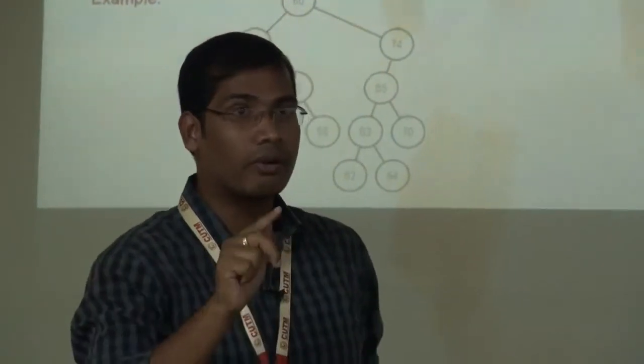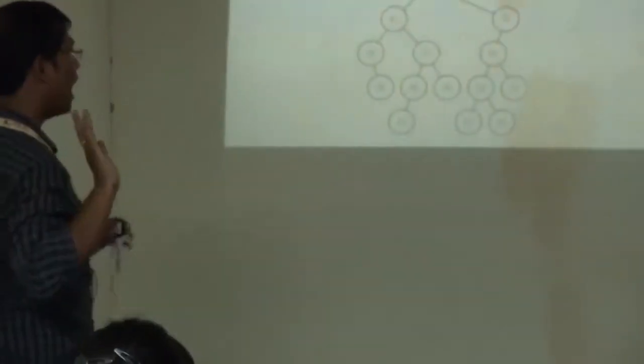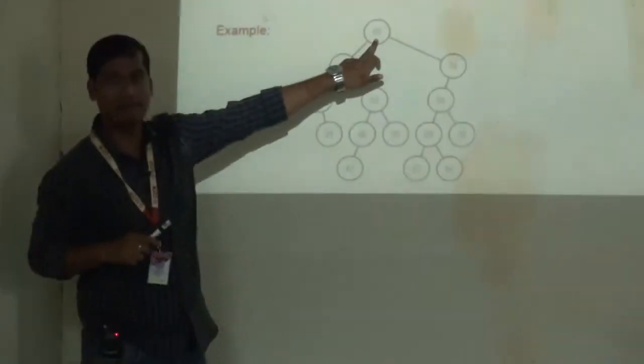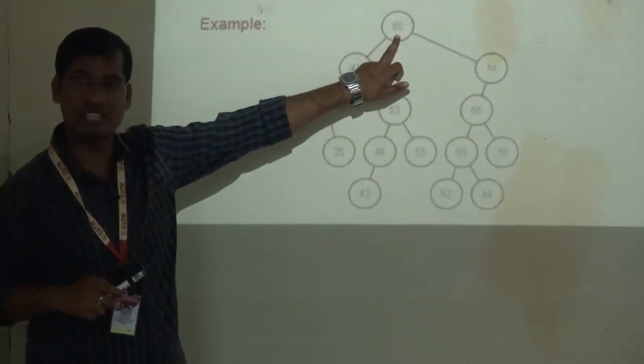Now, whether this tree is a BST or not, a binary search tree or not, what is the additional property? You take any node. I will start with the root node. What is the value? What is the key? 60 is the key.